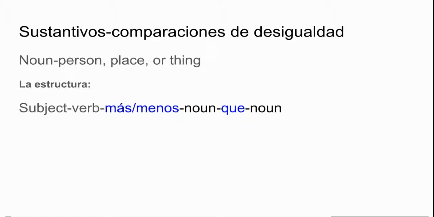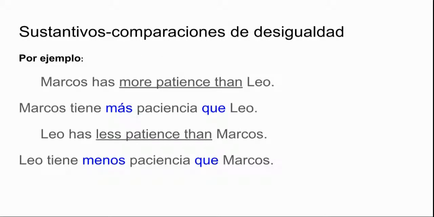Sustantivos or nouns. A noun, as you may remember, is a person, place, thing, and sometimes people say an idea. So when we are comparing things, we have the structure of a subject, a verb, más, then the noun, que, and another noun, or menos, noun, que, and another noun. Let's look at some examples.